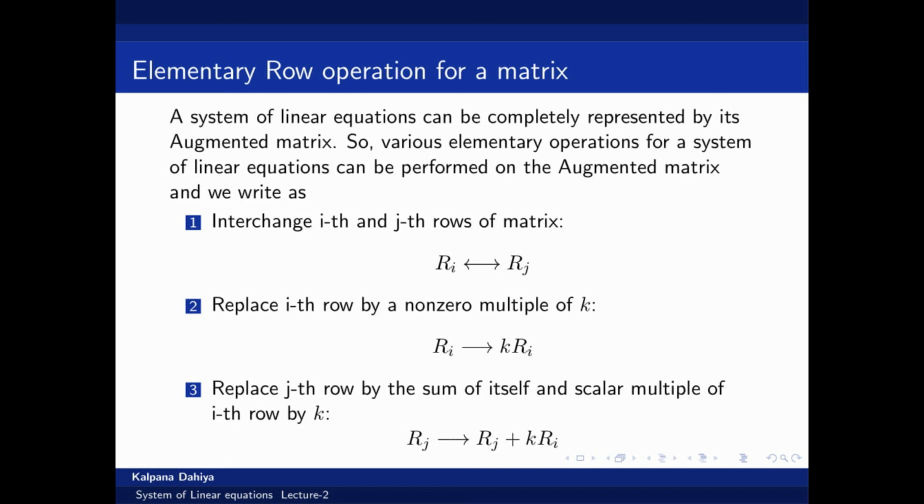Second, if we replace the ith row by a non-zero multiple k, where k is any scalar, then we say Ri -> k Ri. Now if we replace the jth row by the sum of itself and a scalar multiple k of the ith row, then we say Rj -> Rj + k Ri.